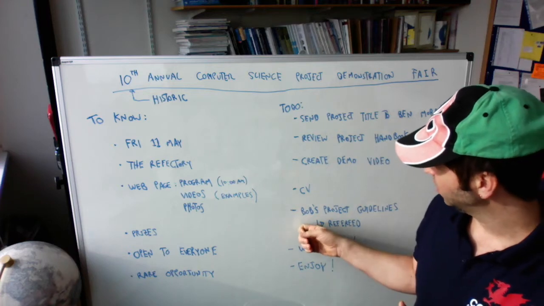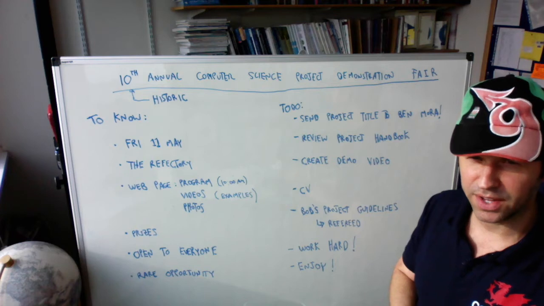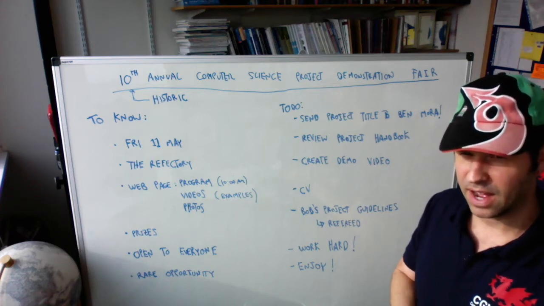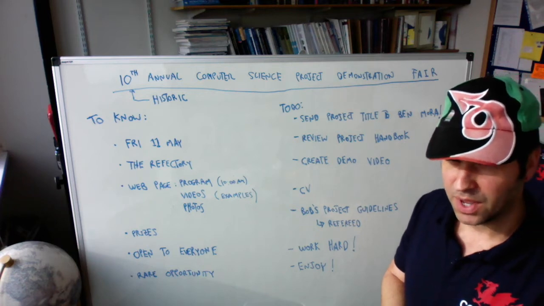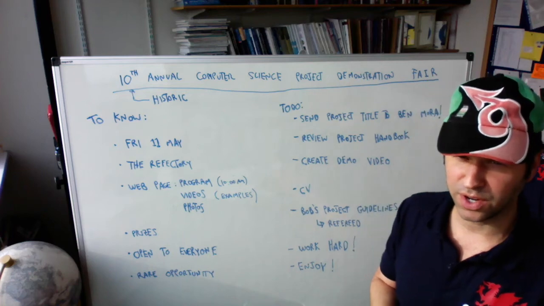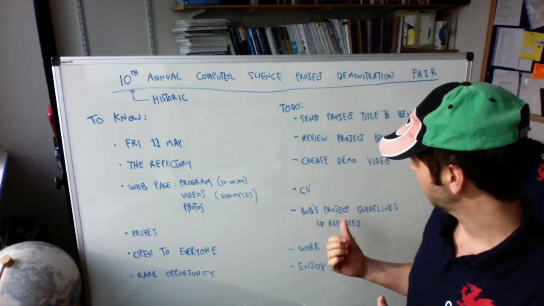As an added bonus, I encourage you to look at Bob's project guidelines. I have spent quite some time typing up dedicated guidelines for writing these third-year dissertations and master's dissertations, by the way. They're called Bob's project guidelines.